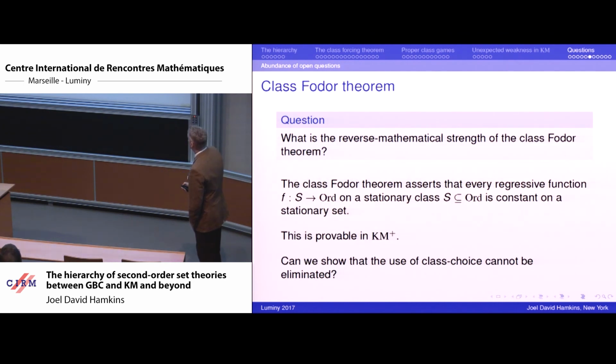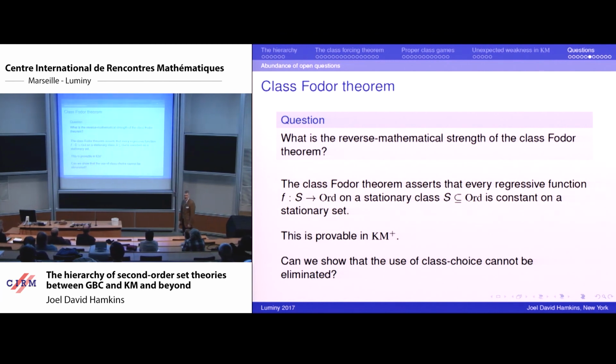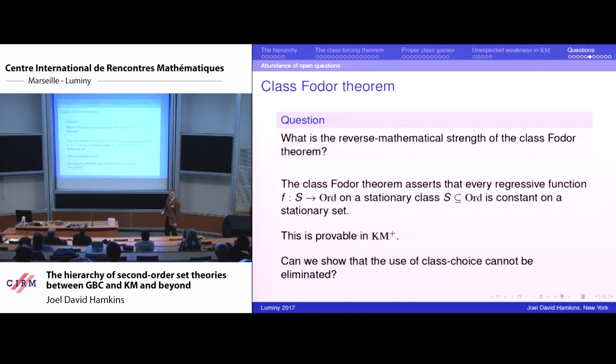The class Fodor theorem. So that's the assertion that every regressive function on a stationary class is constant on a stationary class. Okay, you can prove that in KM plus, but it's not clear how to get rid of this class choice or what the strength of the assertion is at all.